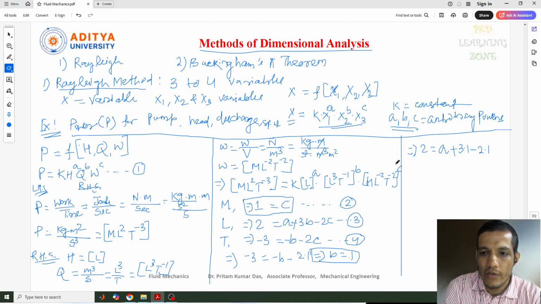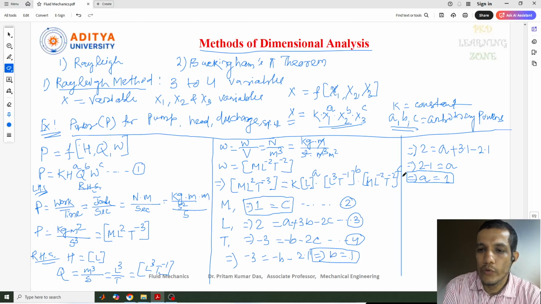So 2, a is kept this side, and 3 into 1 is 3, minus 2 into 1 is 2, so 3 minus 2 is 1. Take this one to the left hand side, so 2 minus 1 equal to a. So finally we get a equal to 1. So all these a, b, c values we got here are 1, 1, 1.